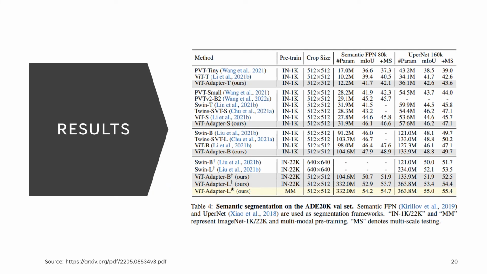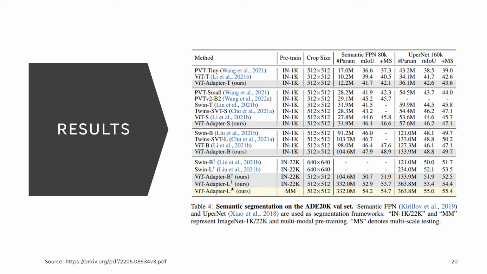For semantic segmentation, the ViT adapter is evaluated on the ADE20K dataset in the MMSegmentation codebase. Both Semantic FPN and UperNet are used as the basic frameworks, using 80K and 160K iterations respectively.